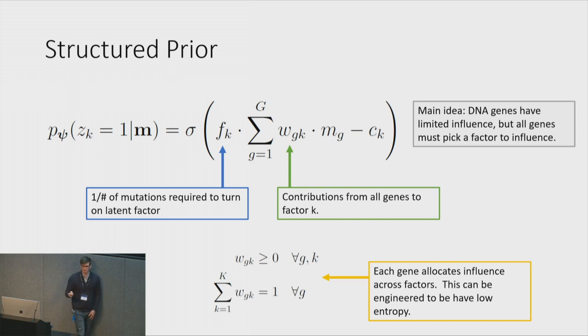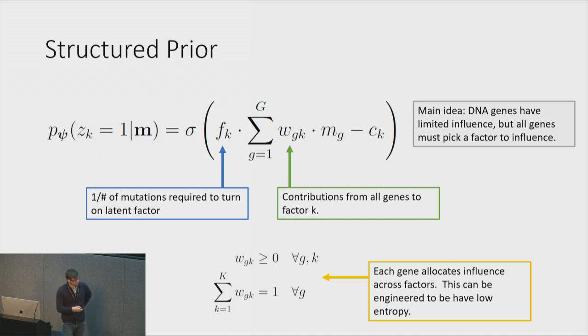So these genes have to decide which factor they're going to influence, and by engineering the entropy of this distribution, you can encourage them to very strongly influence one or the other. You can also force genes to make a decision. So for these low frequency genes, you can say, we want you to influence some factor, so you should decide which one it is.